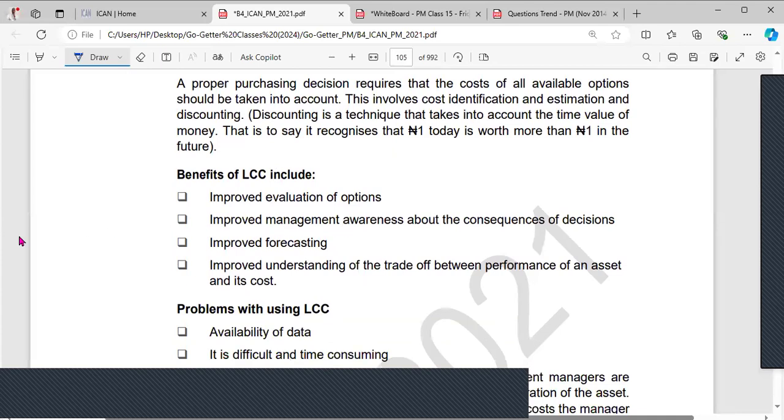Benefits of life cycle costing include improved evaluation of options, like we did in Lorry A and Lorry B, because they're looking at the life costs. So that's it. The aim of life cycle costing is to look at the life cost. So after now, you'll be looking at life cost in what you want to buy.